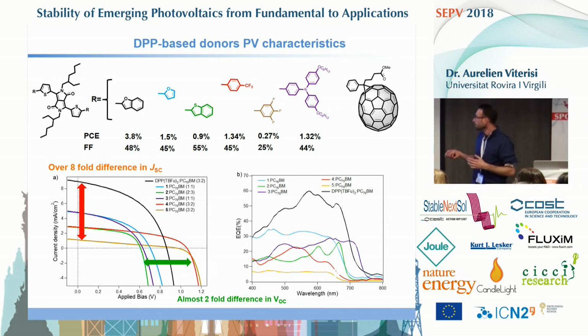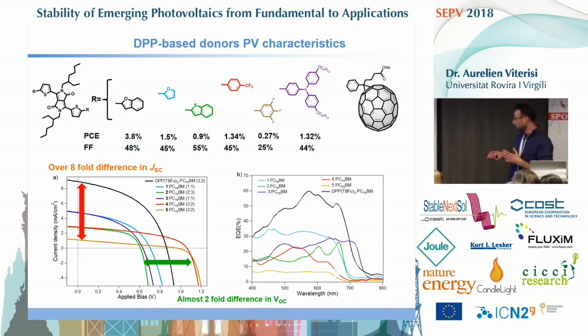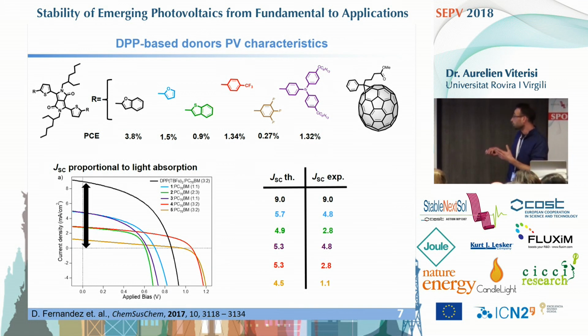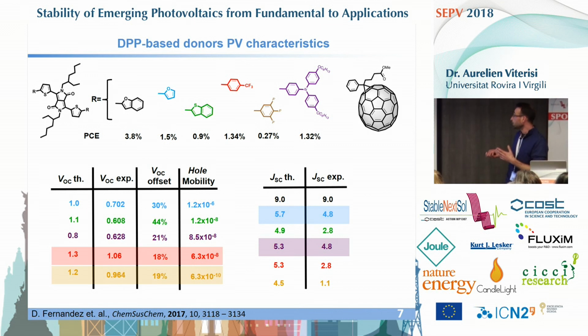We have over an 8-fold difference in JSC and almost a 2-fold difference in VOC. We find that the JSC almost never correlates with the absorption of the active layer, and the VOC doesn't show any trend between the experimental VOC and the calculated theoretical VOC.